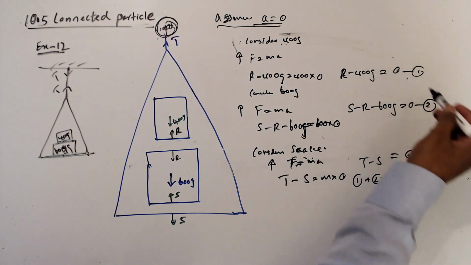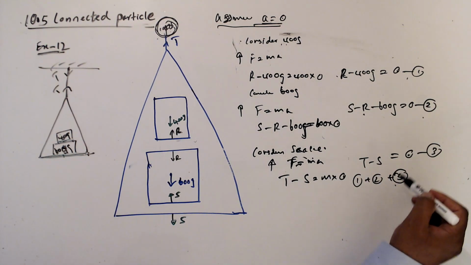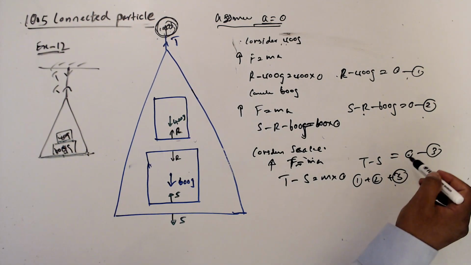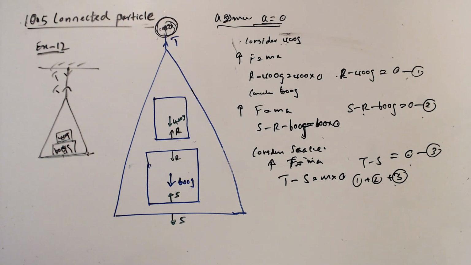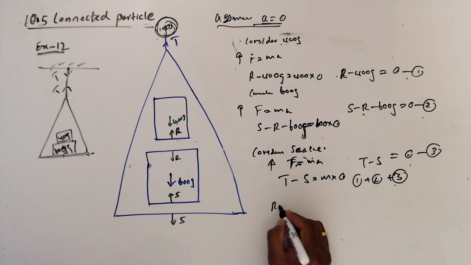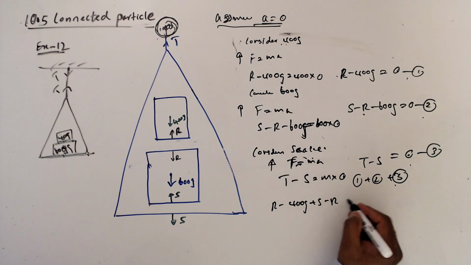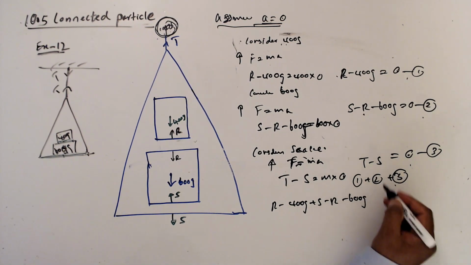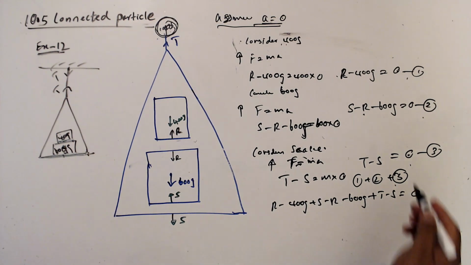So now 1 plus 2 plus 3, what do you get? When you add 1 and 2, you can see R is cancelling out. And then when you add 3, you can see S also cancelling out. So I will add and show you: R minus 400 g plus S minus R minus 600 g plus T minus S equals 0, because all are zeros.